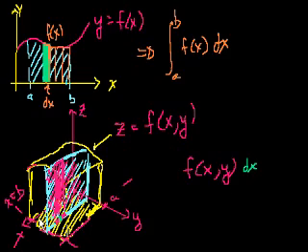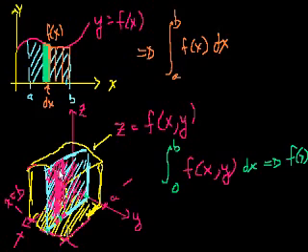And then if we integrated it from x is equal to 0, which was back here, all the way to x is equal to b, what would it look like? It would look like that. x is going from 0 to b. Fair enough. And this would actually give us a function of y. This would give us an expression so that I would know the area of this kind of sliver of the volume for any given value of y. If you give me a y, I can tell you the area of the sliver that corresponds to that y.